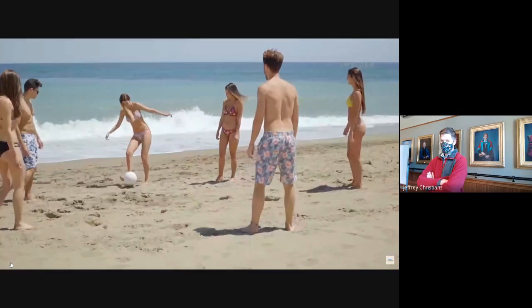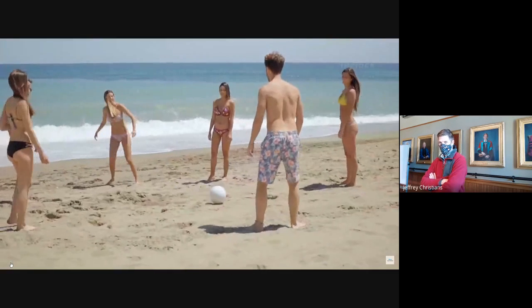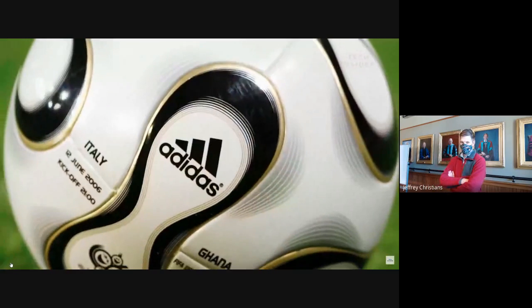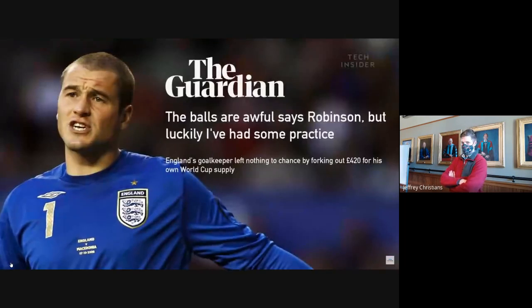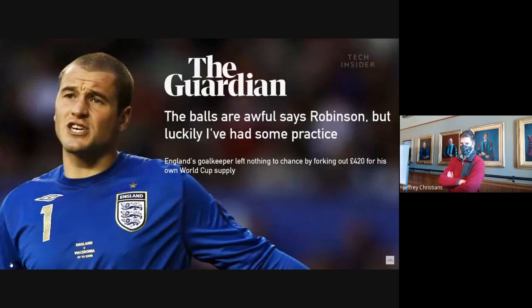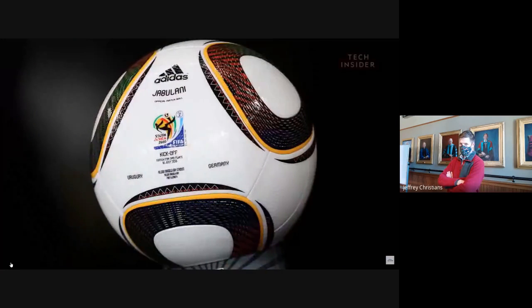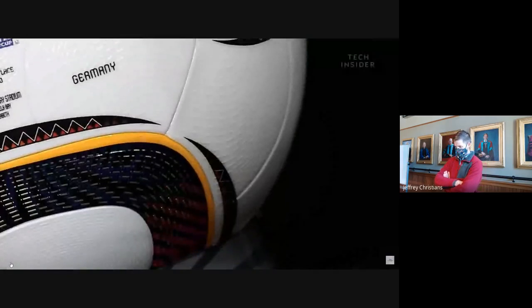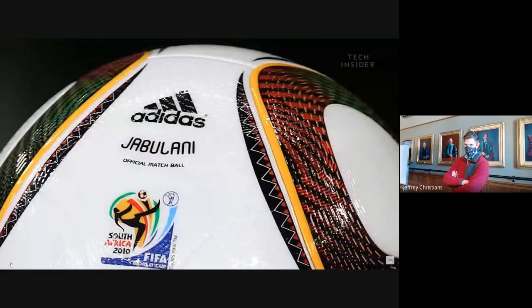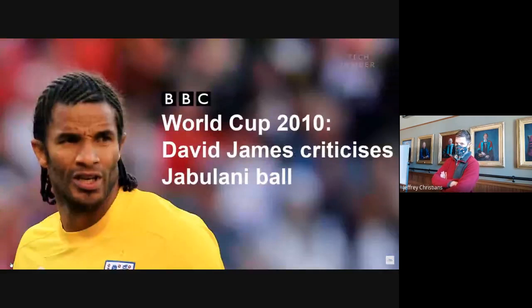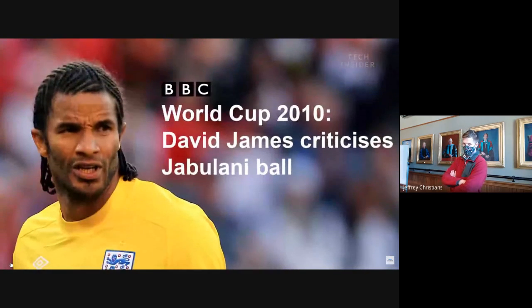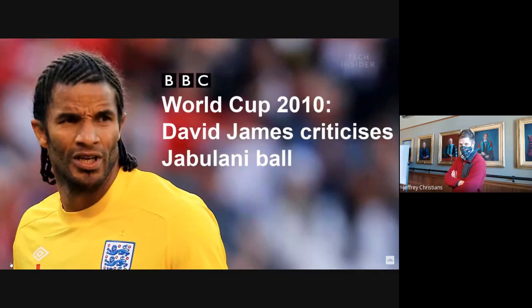It's like kicking a beach ball. And that's exactly what happened with the 2006 Teamgeist ball. Players complained that the ball didn't go where they expected it to. So in 2010, Adidas compensated by adding some texture to roughen up the surface. Problem solved, right? The Jabulani was a spectacular failure because it was not rough enough. When the ball was kicked at certain speeds, it looked like it would slow down dramatically in the middle of its flight.